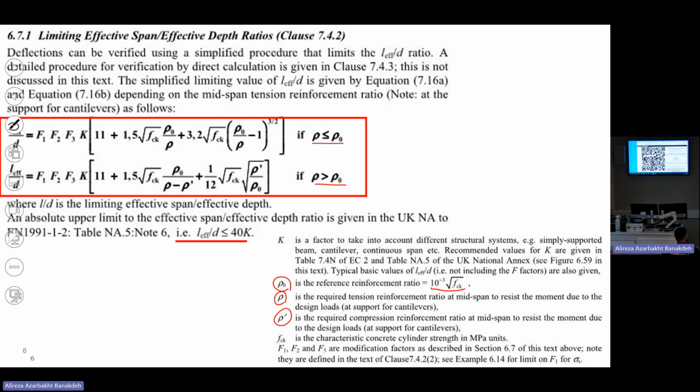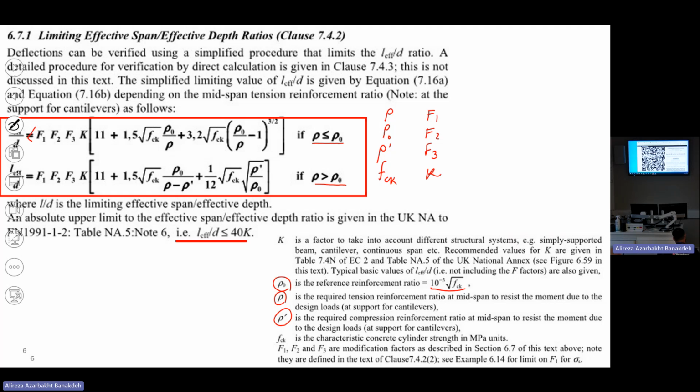Any of these formulas, we need rho 0, whatever we have. Here we have rho prime, fck. What else? Yeah, F1, F2, F3, and K. If we have these parameters, just put them there, and it should be less than this.